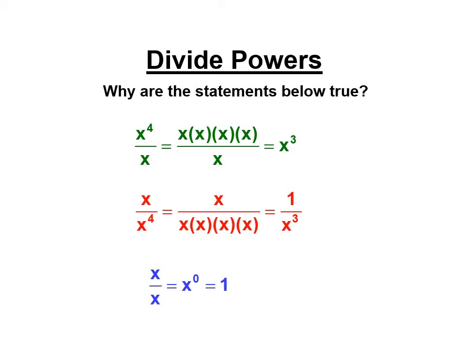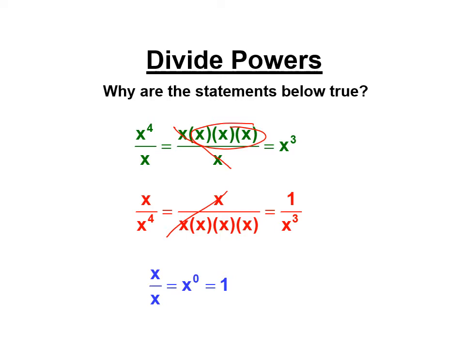All right, so now we're going to be dividing powers. Now, if we have x to the fourth over x, I'm looking at the green one, right? You can cancel those x's, and look what you have left, x cubed in the numerator. If you have x over x fourth, the x's cancel. Now we have x cubed in the denominator.